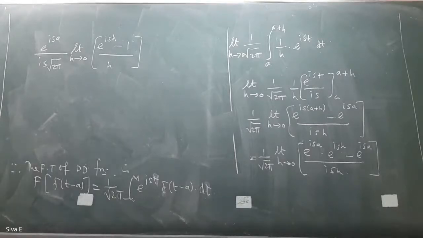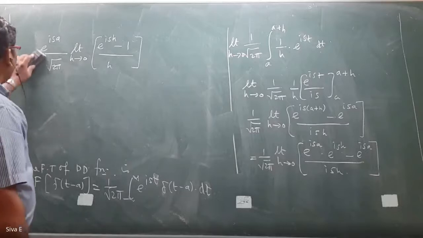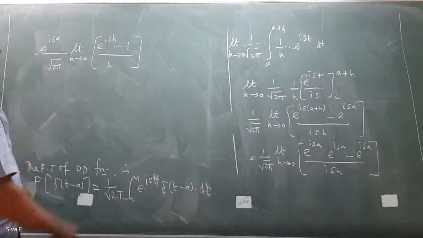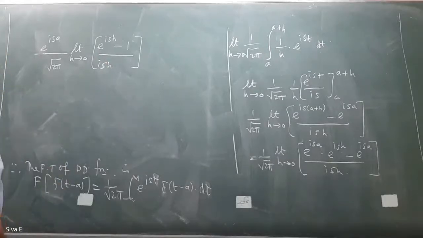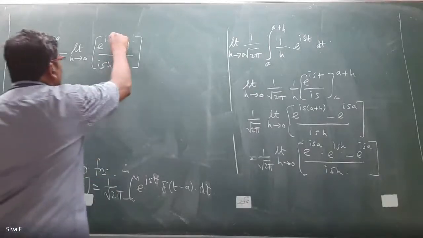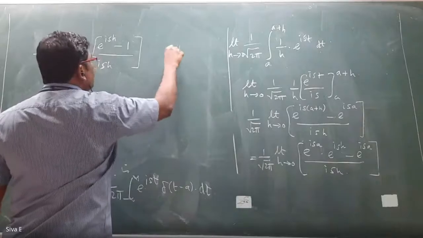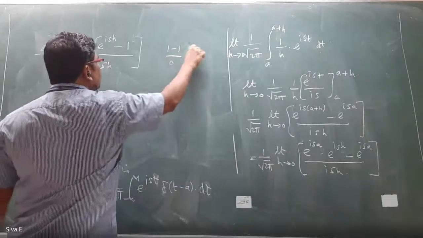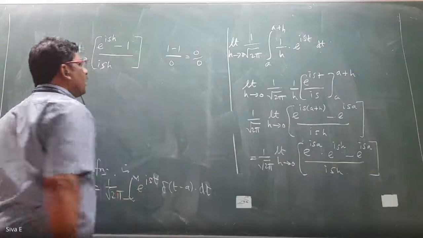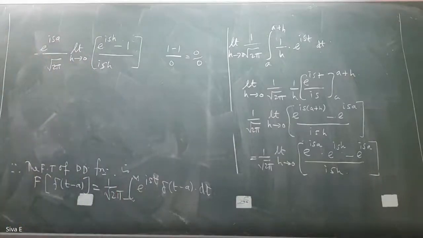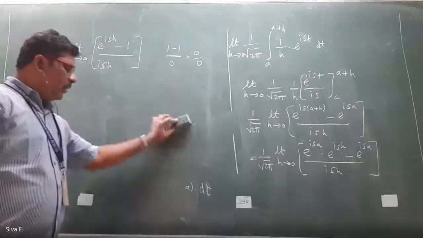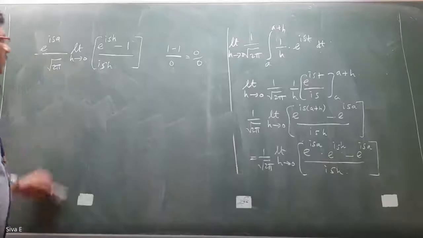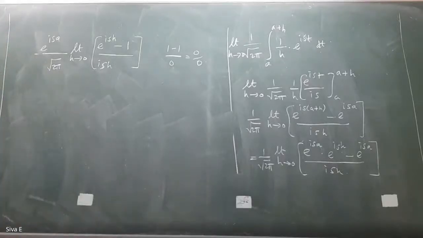Either you keep that is inside or here. If you substitute h tends to 0, what happens? 1 minus 1, 0 by 0. So 0 by 0 is an indeterminate form. When it is an indeterminate form, how to apply the limit?